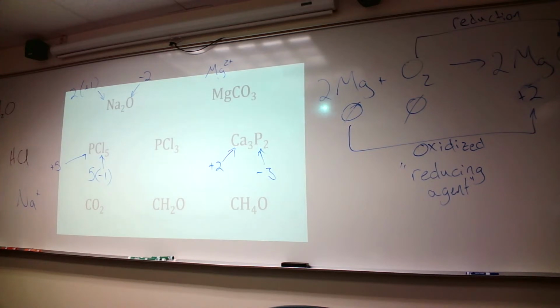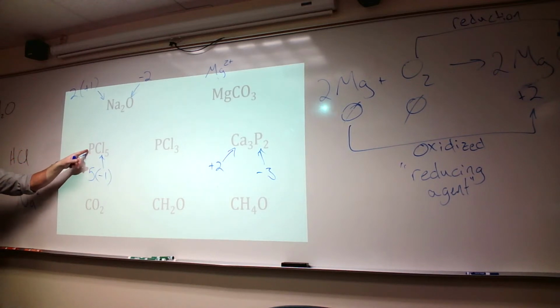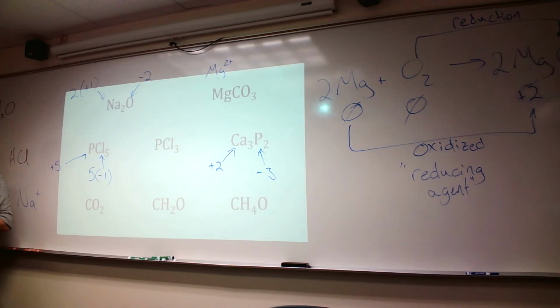This is where it becomes clear it's not really charge, because phosphorus is a non-metal. It's never actually going to have a charge of +5. But when you put it with things that are more electronegative, it'll act like it's got a charge of +5. So you can more easily see what is the reduction, what is the oxidation.